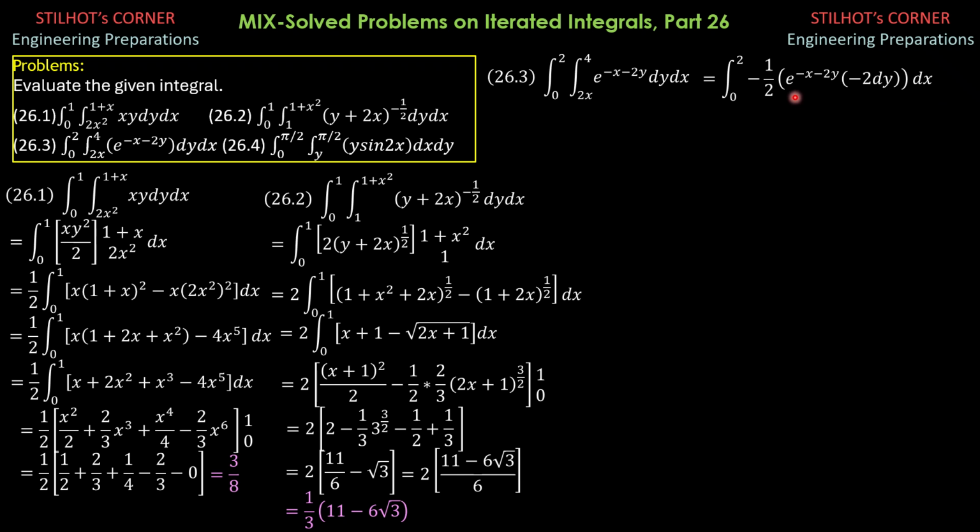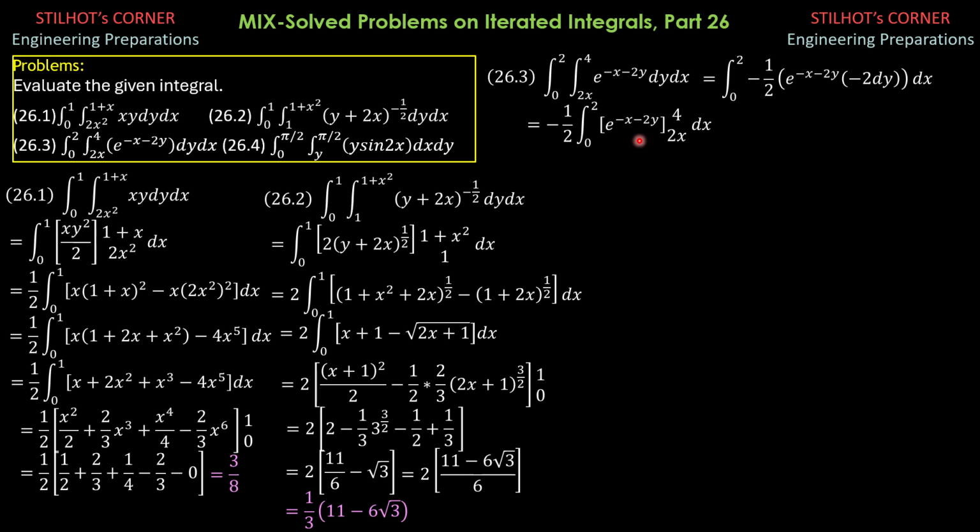So this is in the form e to the u du. That would be negative 1/2 times the integral of e to the negative x minus 2y from 2x to 4, then dx.